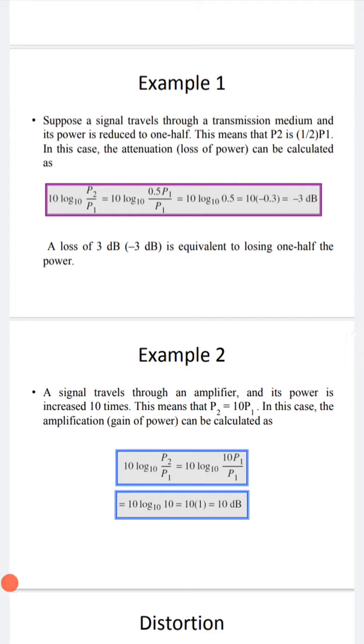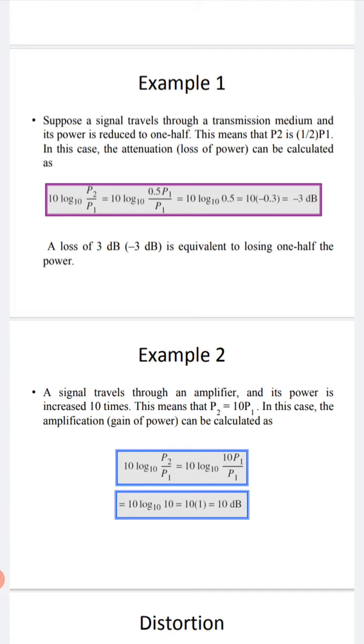We'll consider two examples for attenuation, that is, loss of energy. In the first example, suppose a signal travels through a transmission medium and its power is reduced to half.